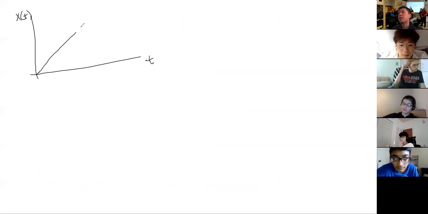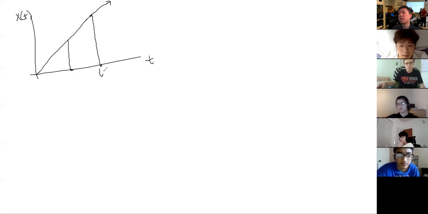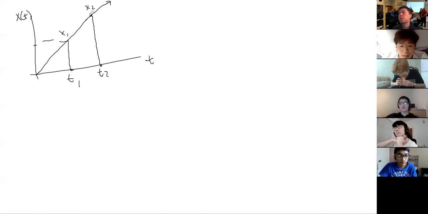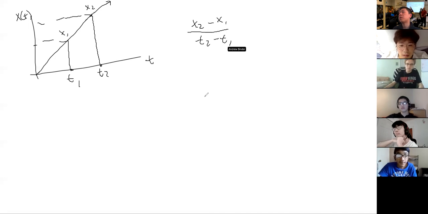If the position is just increasing linearly with time, then it's pretty easy to find the exact velocity, because we can just take x2 minus x1 over t2 minus t1, and this is representative of the slope at every single part on the graph.